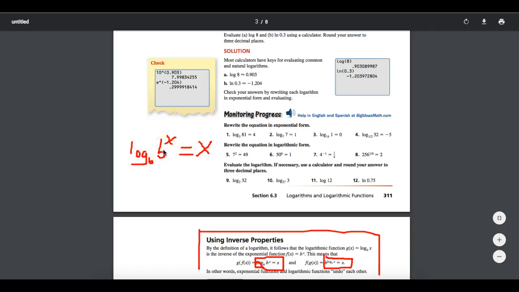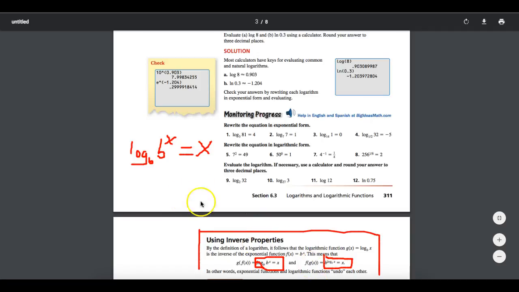If that happens, and the base of the log is equal to the base of the input, then this is equal to whatever our exponent is. That's one rule using our inverse properties.